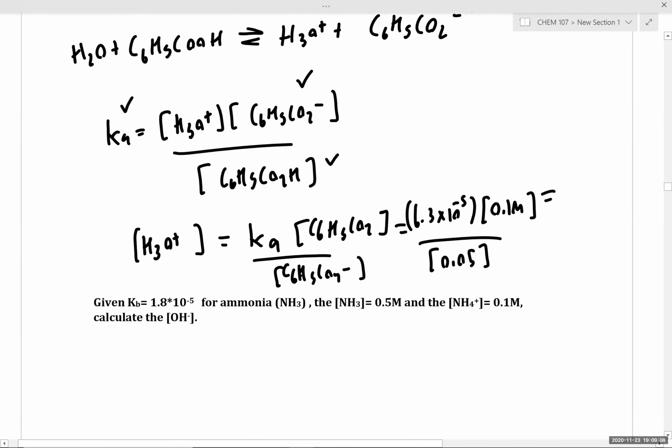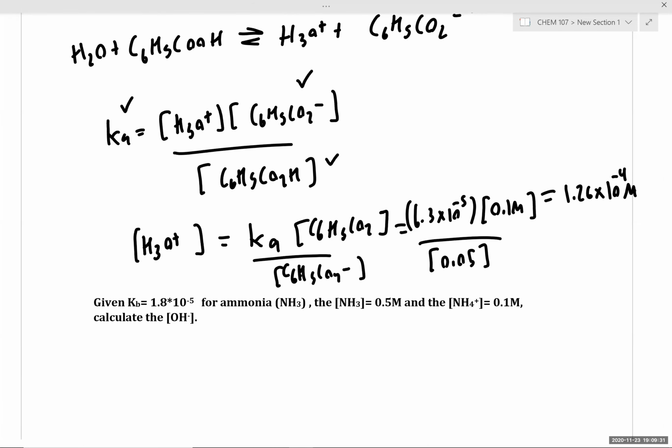Punching that into our calculator, we get 1.26 times 10 to the negative fourth molar. Let me punch that in one more time.